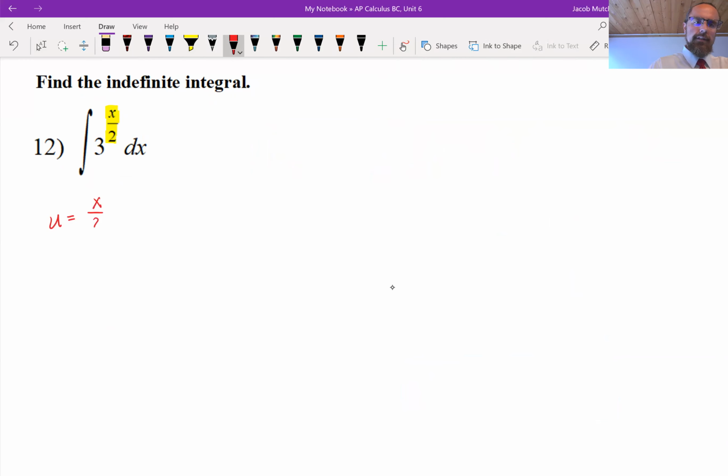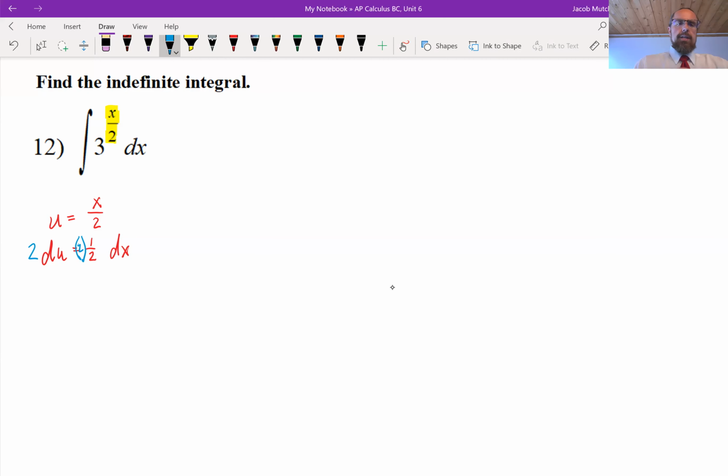So derivative of x over 2 is going to be half dx. So I need to include, there's no half coefficient in the integrand. So what I need to include is a factor of 2, which will cancel that. So I'm going to plug in dx is 2 du.